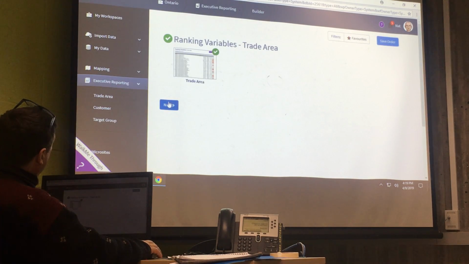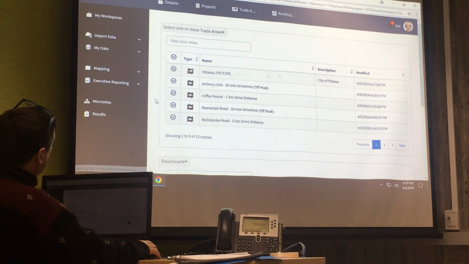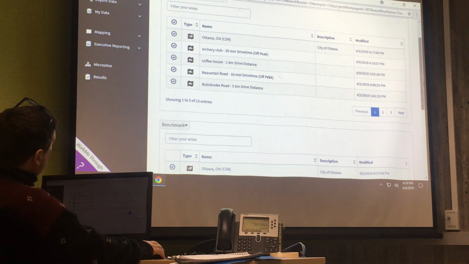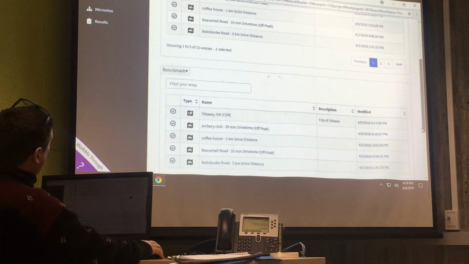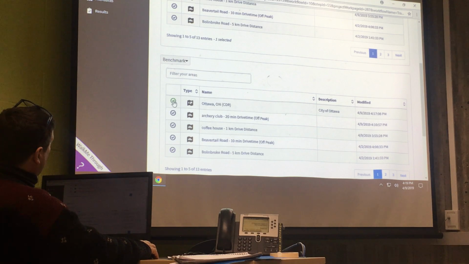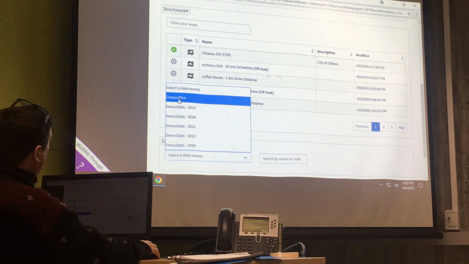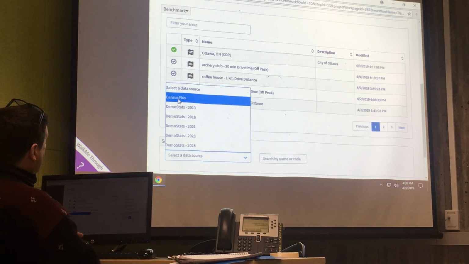The trade area. These are your demographics. Okay, so we want to compare the demographics of our archery club, 20-minute drive time from 705 Beavertail Road, with the city of Ottawa. So here's the city of Ottawa, and the data source will be what they call Census Plus.